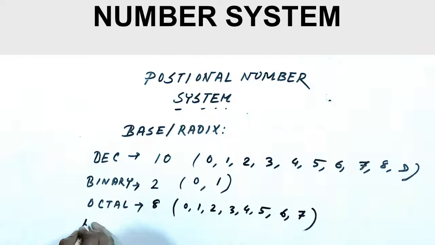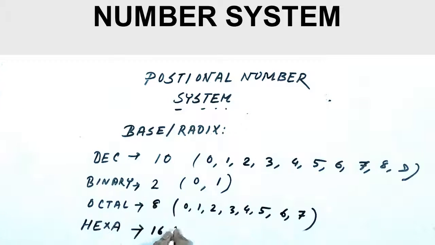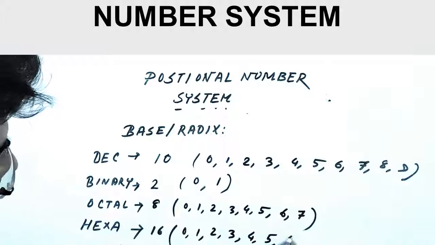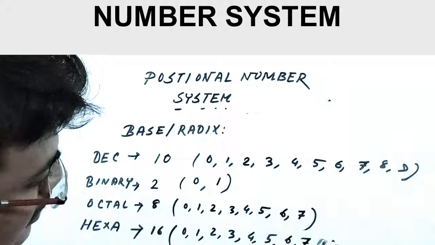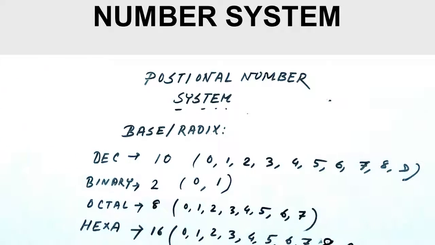And if you consider the hexadecimal number system, what will be the base or radix? It will be 16. And how many digits are there? 0, 1, 2, 3, 4, 5, 6, 7, 8, 9.